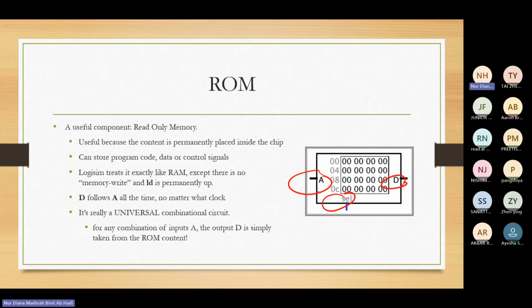It is useful because the content is permanently placed inside the chip and can store your program code, data, or signals. Logicsim will treat it like a RAM, except there is no memory write, and LD is permanently out. So D follows A all the time, no matter what the clock is. So it is a universal combinational circuit. For any combination of A, the output D is simply taken from the ROM content.